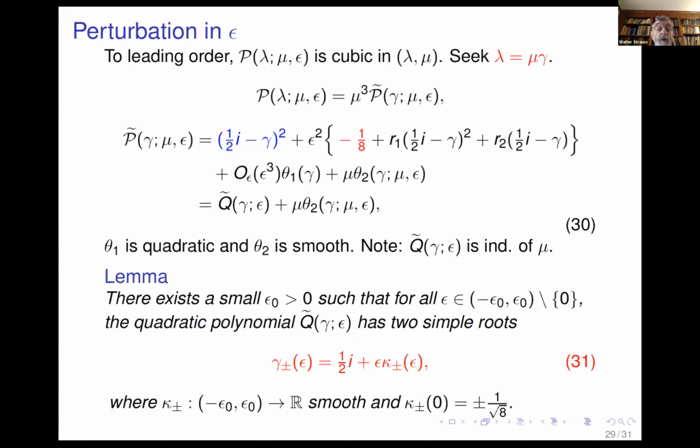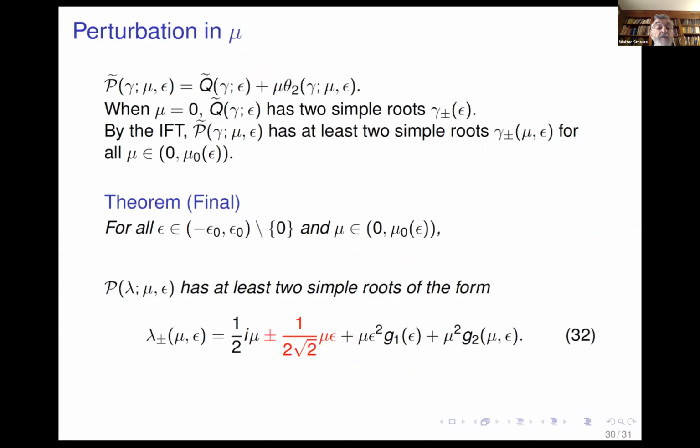That's exactly what we want, and then we just have to use a simple implicit function theorem and say that the same basic thing happens for the whole polynomial. So you're going to have these two roots. One has a positive real part and one has a negative real part.